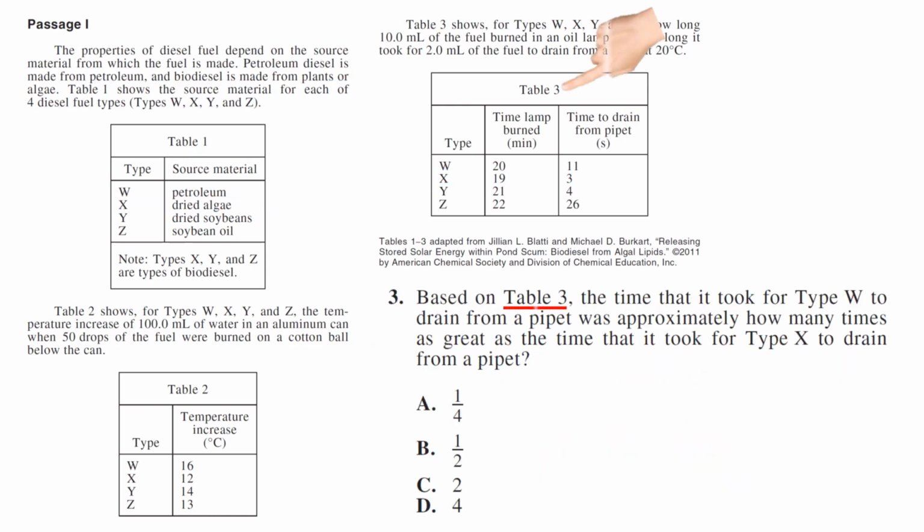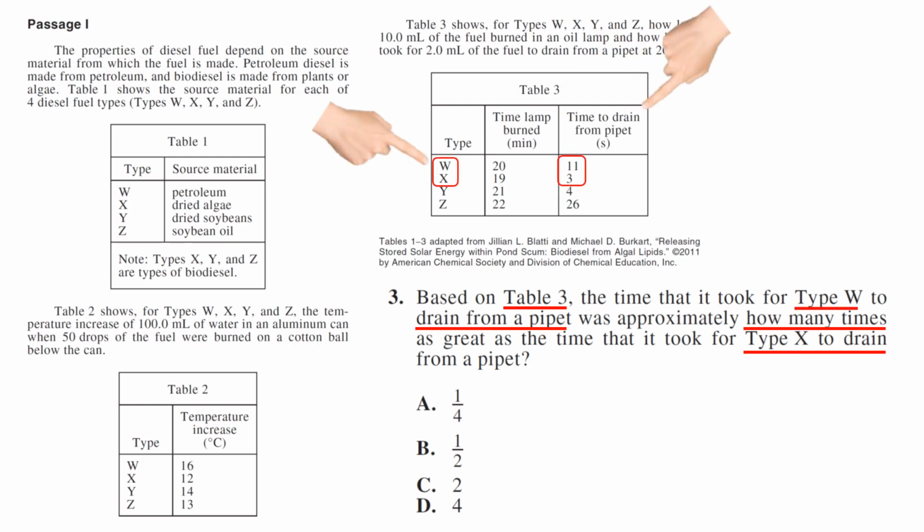Number 3, we're just using table 3. So based on table 3, the time it took for type W to drain from a pipette was approximately how many times as great as the time it took for type X to drain from a pipette. So we see type W and X and time to drain from a pipette. Make sure you put these in the correct order. So W is how many times X, right?